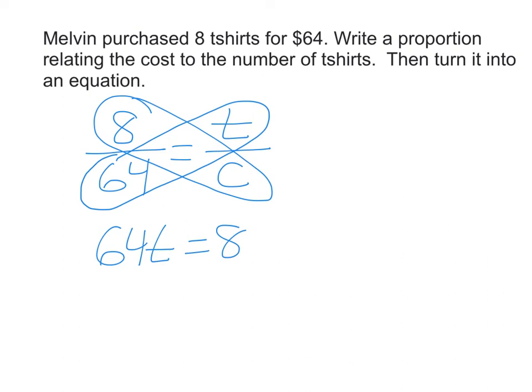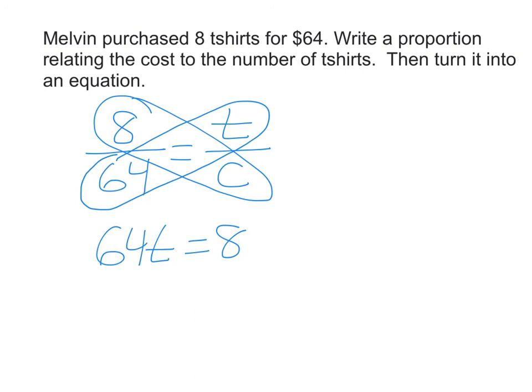But that's one equation, but I want to know the equation for the total cost of the t-shirts. So I think what I'm going to do is divide it by 64. And I find out that the total cost of the t-shirts, oops, sorry, I did that backwards.